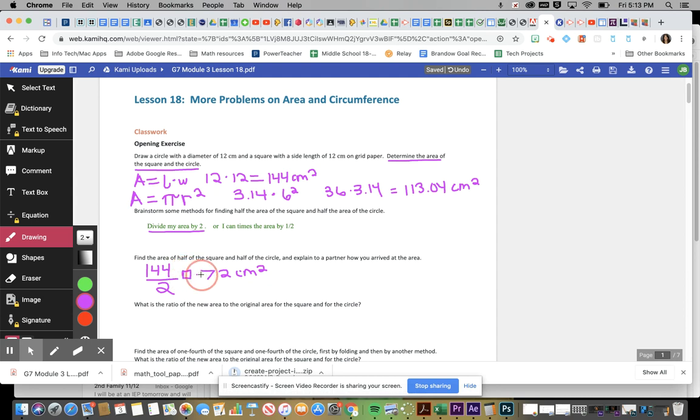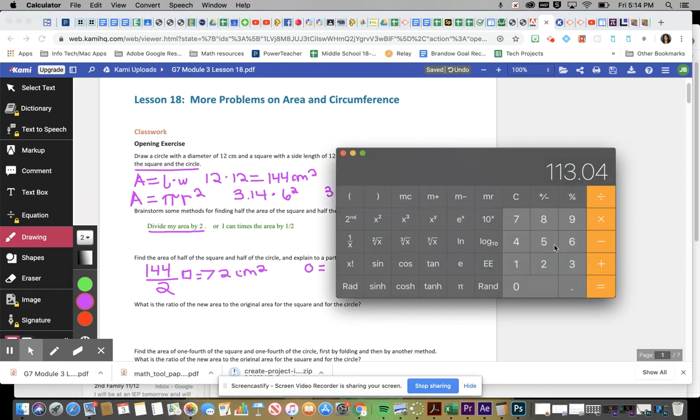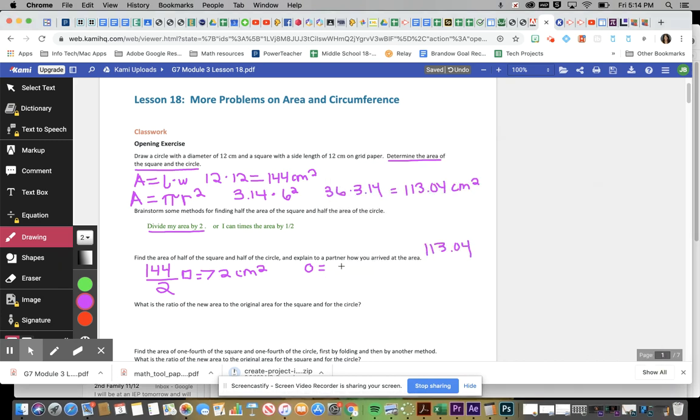And our circle, our area was 113.04. This one I'm going to use a calculator for. It doesn't come out so easily. Divide by 2, which is 56.52 centimeters squared. And I got that by dividing those full areas by 2, because that would give me half.